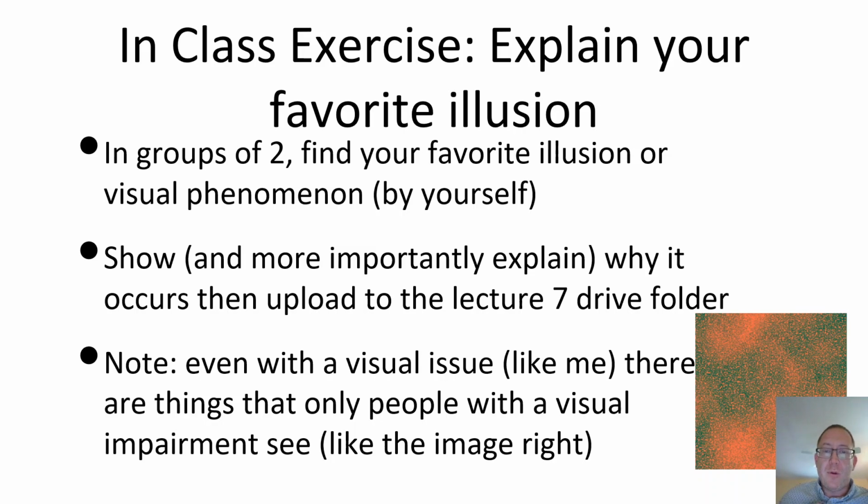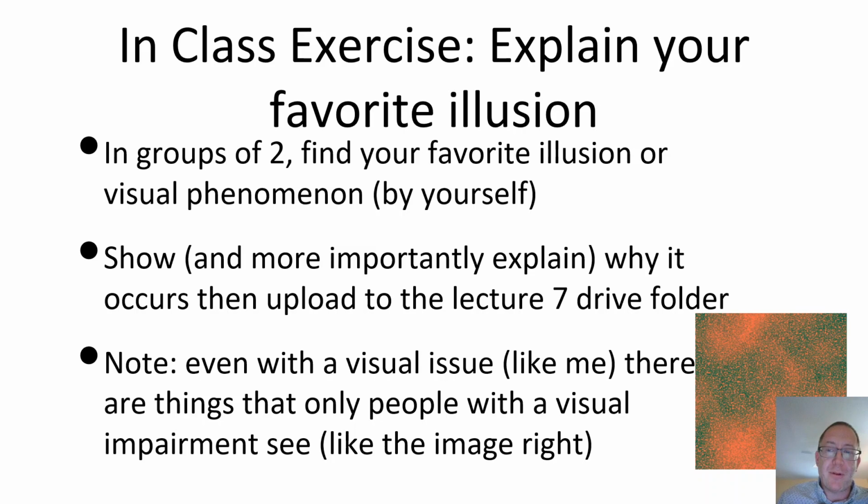And I want to be more inclusive on this. There are a lot of color illusions that are red-green colorblind unfriendly. And in case you have a visual issue like me, I have these giant blind spots in my eyes. If you are, let's say, red-green colorblind, find one that only works for people that are red-green colorblind, or only works for some people.